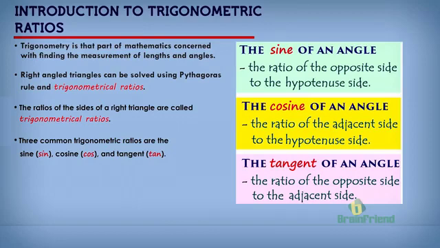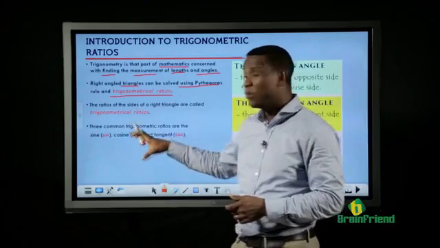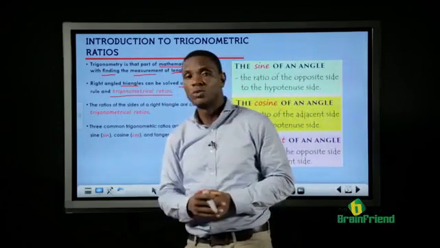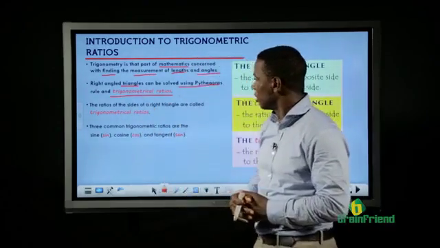Now, what is trigonometry? Trigonometry is that part of mathematics that is concerned with finding the measurement of length and angles. Right angle triangles can be solved in trigonometry making use of Pythagoras' rule and trigonometric ratios. In our class for today, we will be focusing on trigonometric ratios and not on the Pythagoras rule.